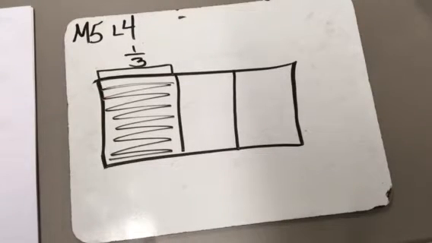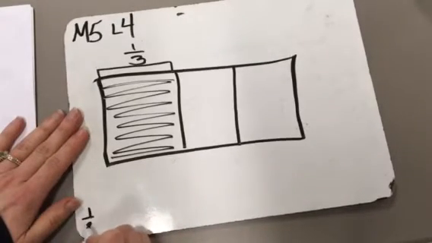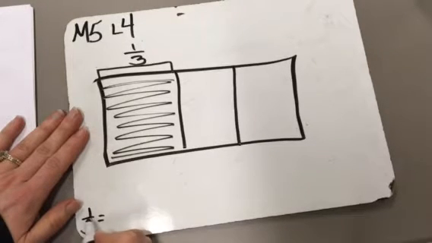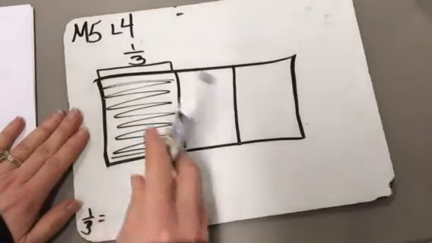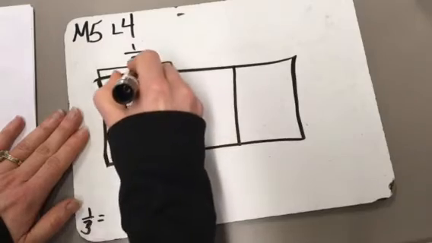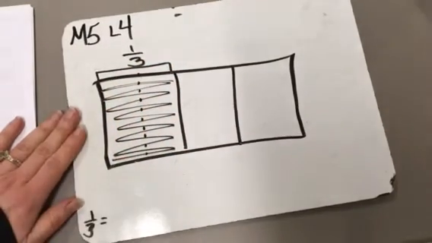Go ahead and make sure you have that. From here, I want to know what 1/3 equals. What does 1/3 equal? Well, if I take my piece and I cut it in half, oh look, it equals 1/2.